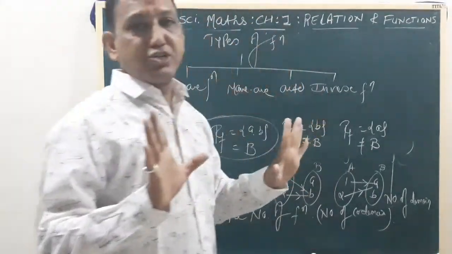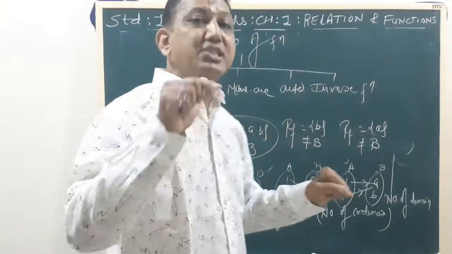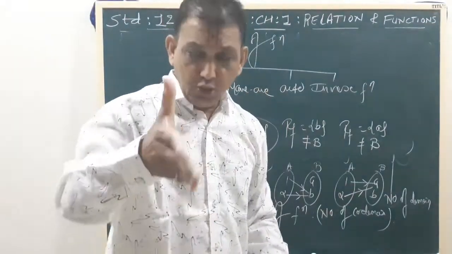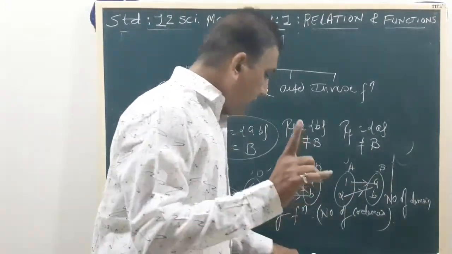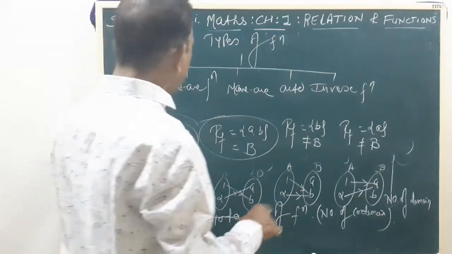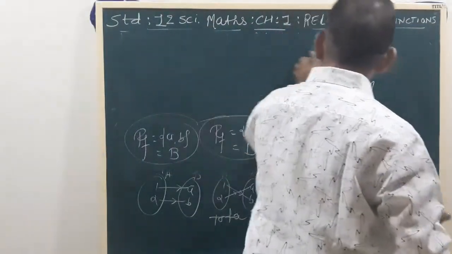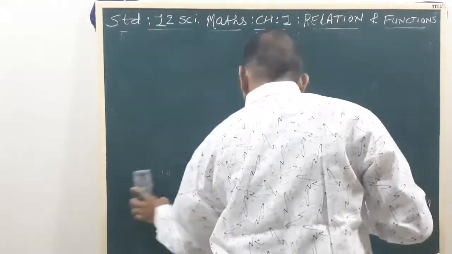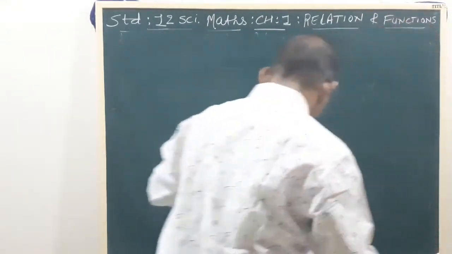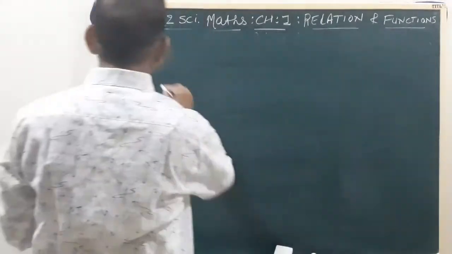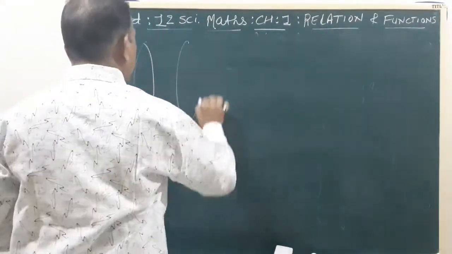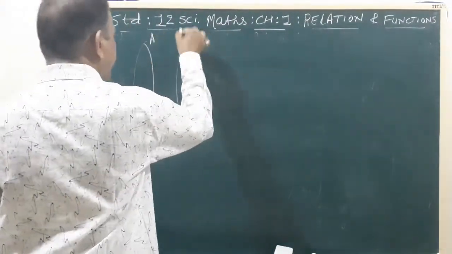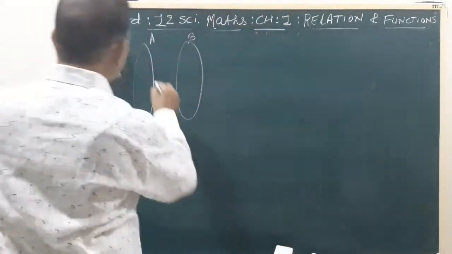Now we discuss the topic inverse function in the next lecture, right? Now look in your textbook. A total of 4 figures is given. Now we draw the 4 figures. First figure: A and B, 1, 2, 3, 4.